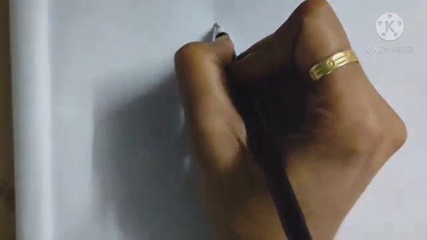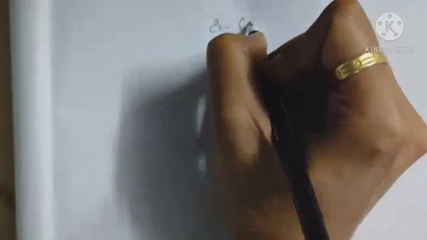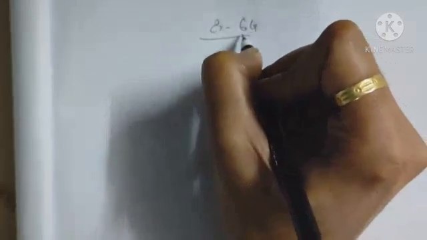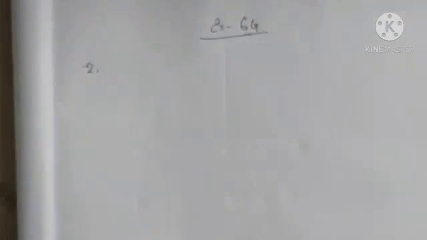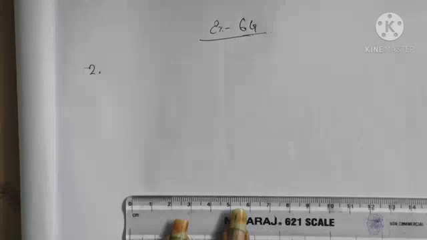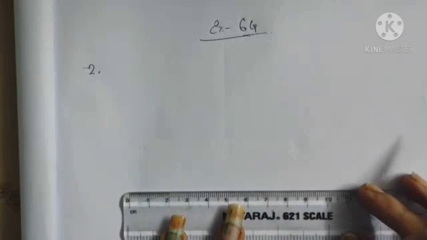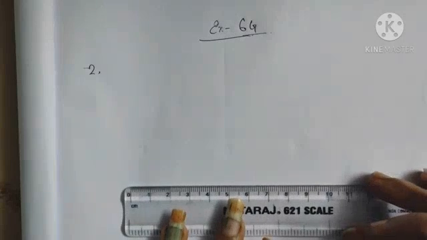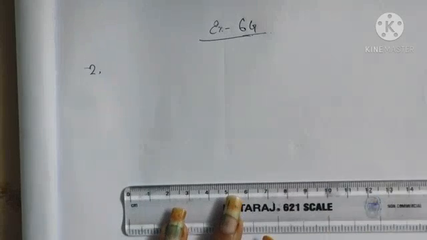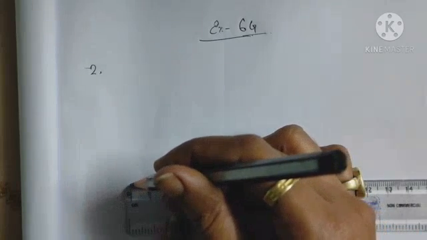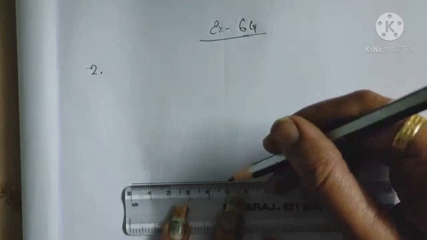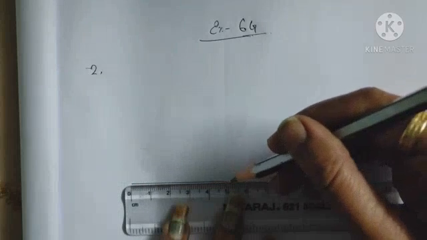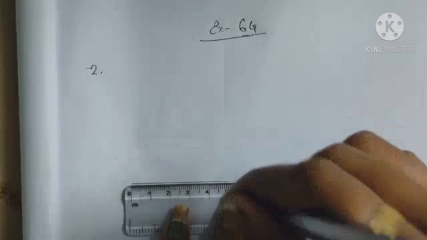So here exercise 6G number 2. So first we take a ruler and draw a line segment of 5 centimeters starting from the 0 mark till 5 centimeter.